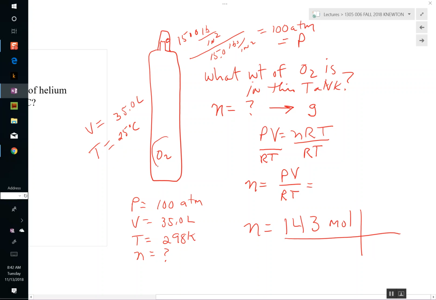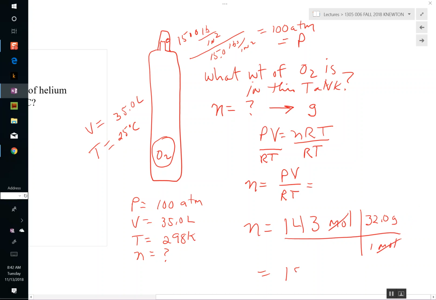Remember, oxygen is O2, so it's 32 grams per mole. So you're converting your moles to grams, and Daniel, how many grams is it?